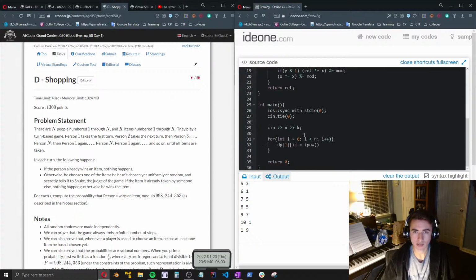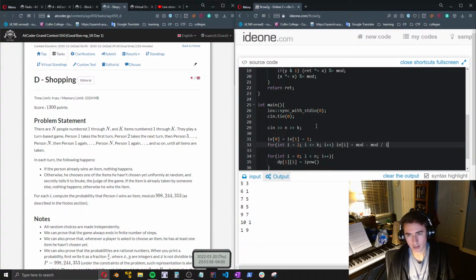Just calculate small inverses ahead of time. So now this should be the inverse of k.